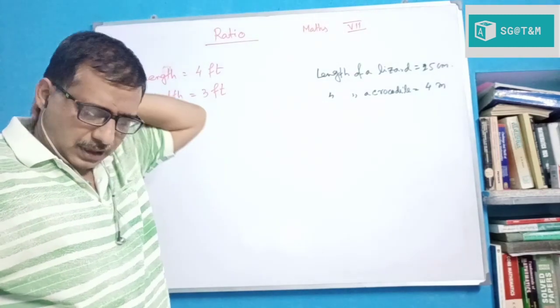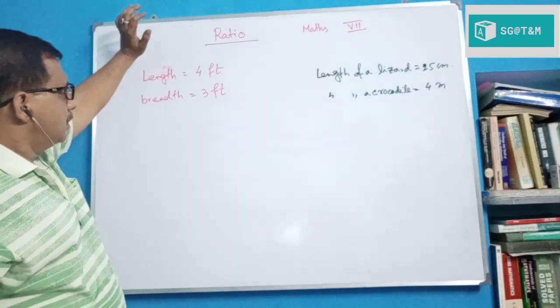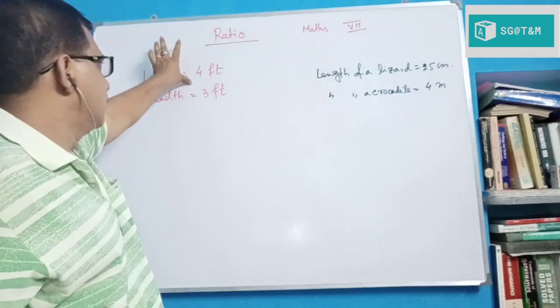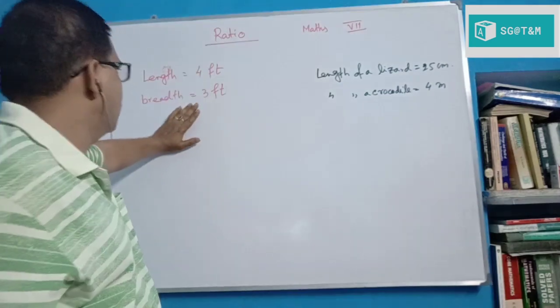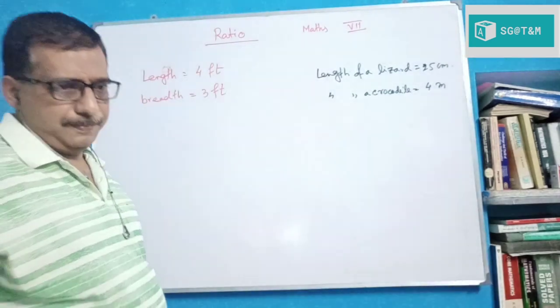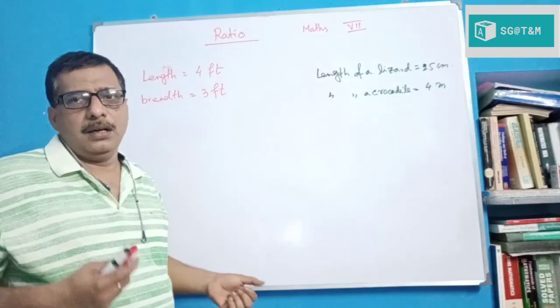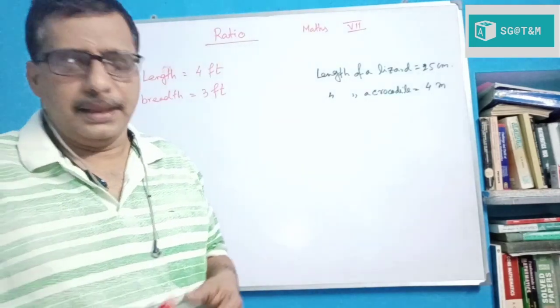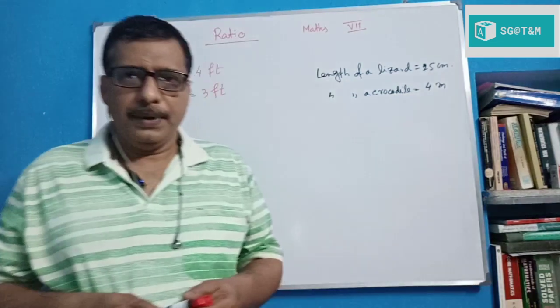Suppose the length of the board is 4 feet and the breadth is 3 feet. Now if we compare the length and breadth, then what happens?